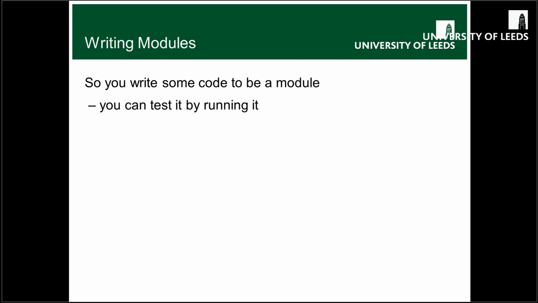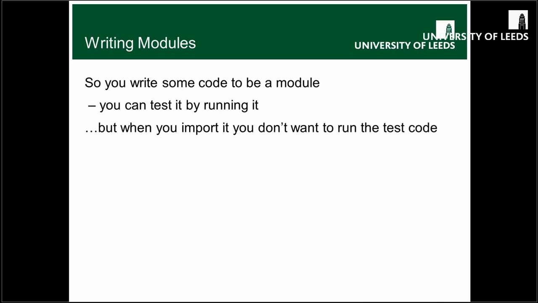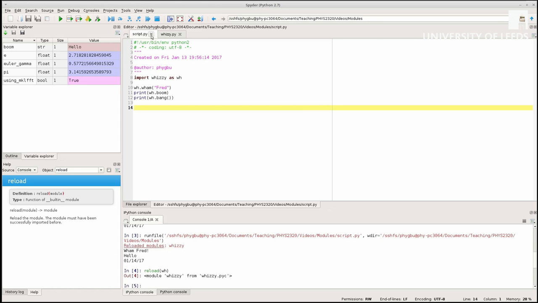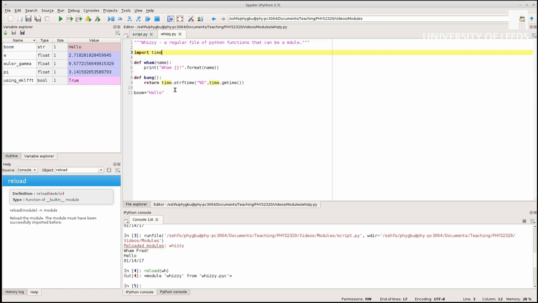Okay, so we write our code as a module, but of course then you want to go and test your module by running it. But of course when you import things, you don't want to run the test code. So let's show you what happens. So here's our Wizzy module, and let's just try and make sure we've got some tests in.